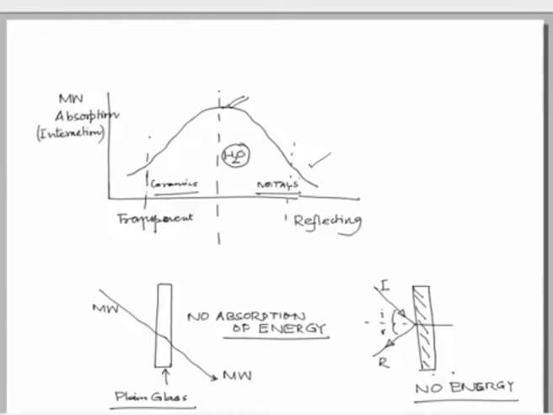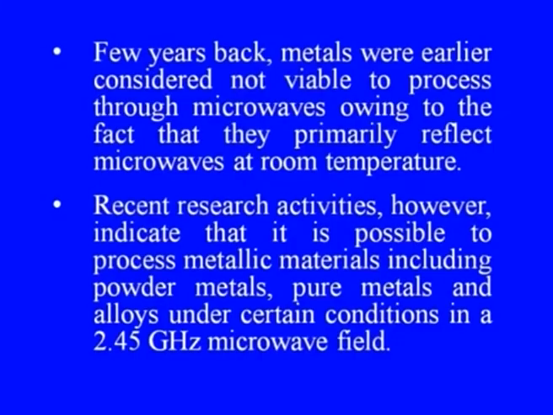But metals were not researched or investigated, to see whether they can also be processed by some other means with the aid of microwave energy or electromagnetic energy. Recent research activities indicate that it is possible to process metallic materials including metal powders, pure metals and alloys under certain conditions in a 2.45 gigahertz microwave field.